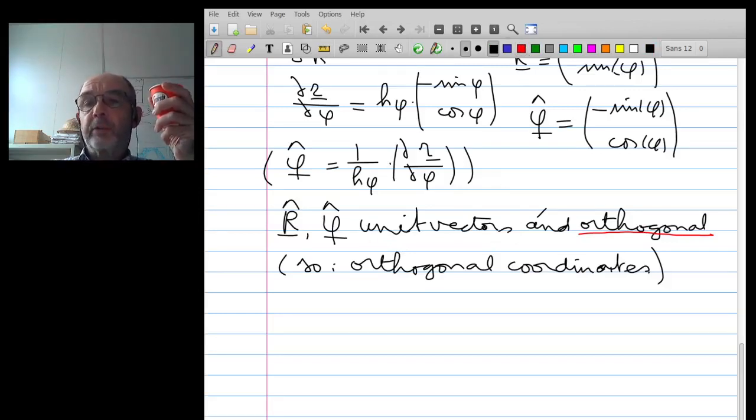Now length 1 can also always be given, but then you need a length, so there has to be calculated some length, and that is important, that can be done. Okay.